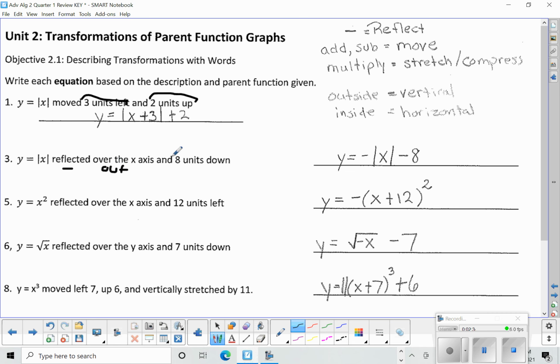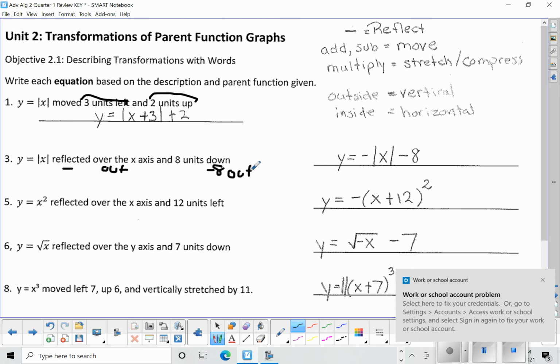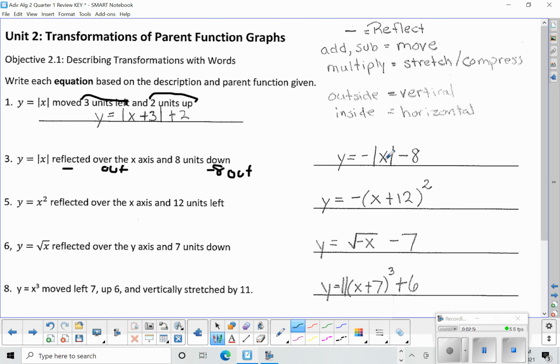So that's going to be 8 units down is minus 8. And again, on the outside. So I say y equals negative, that's on the outside, absolute value of x minus 8, also on the outside. Inside would be between these. Nothing's happening left or right.